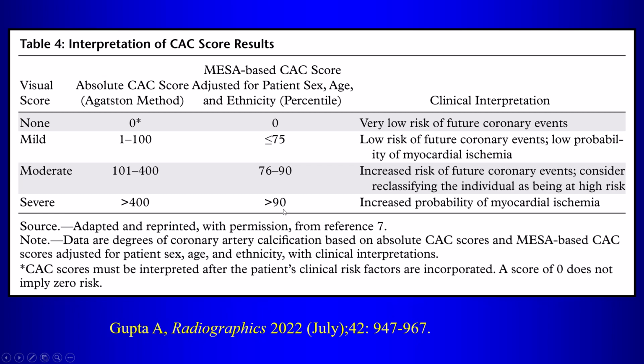Greater than the 90th percentile increases the probability of a cardiac event, so that puts them in a higher risk group.